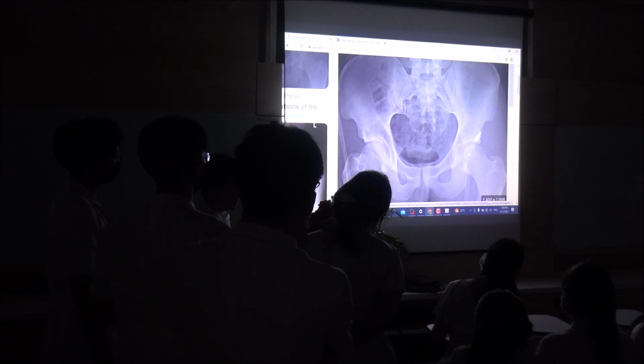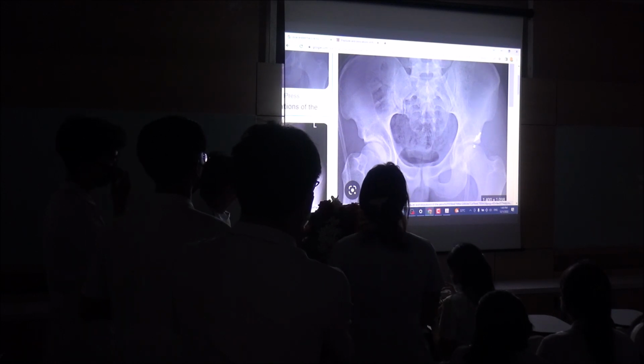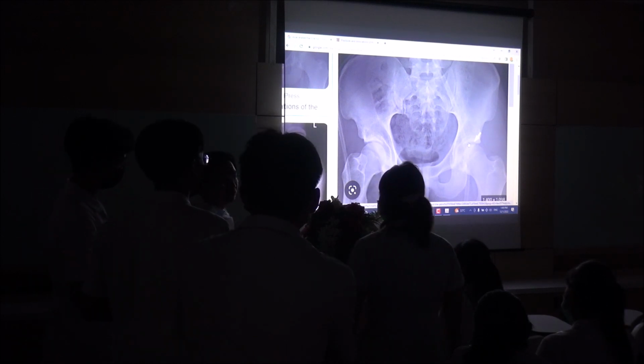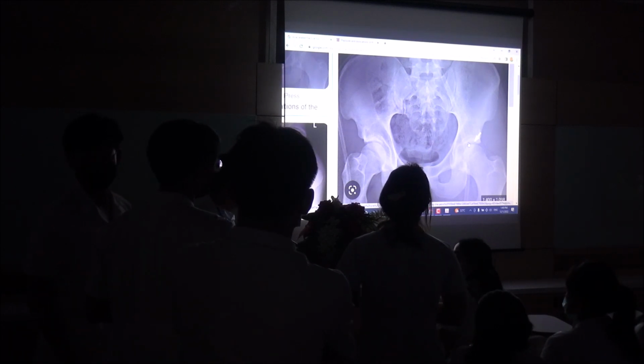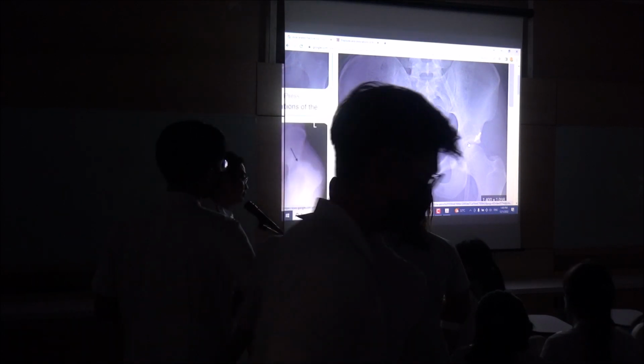Okay, send this picture to me. Very good, you can find this picture. It's a good example. Sometimes you can see, but the best way to see this fragment is with which investigation? Investigation of choice. CT scan.